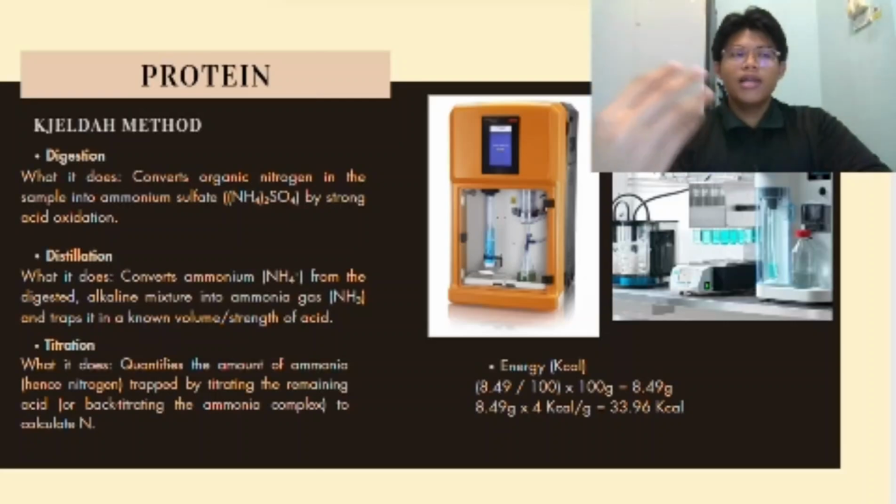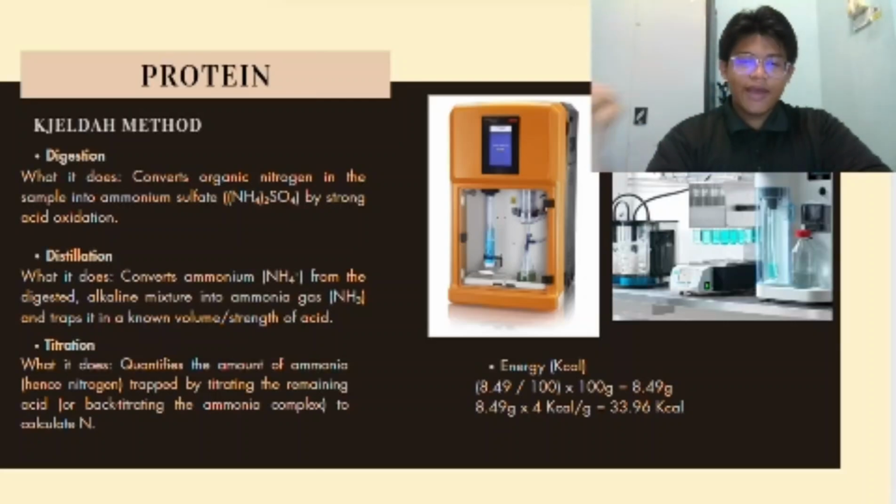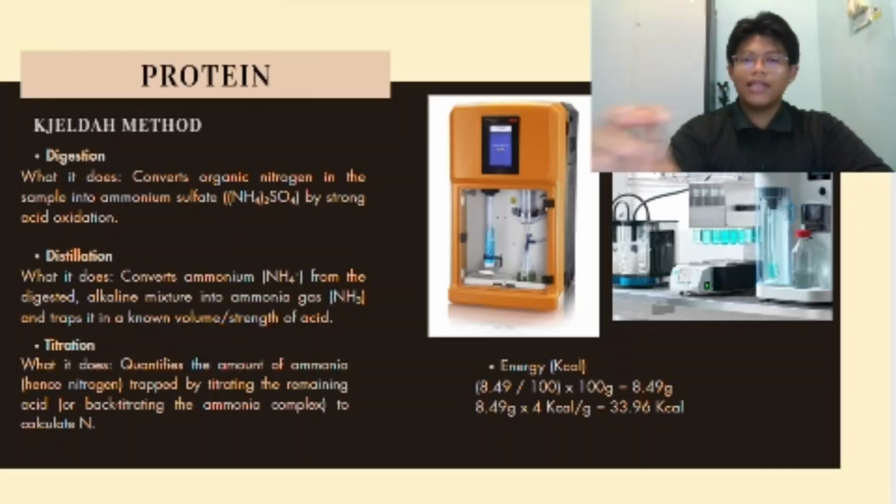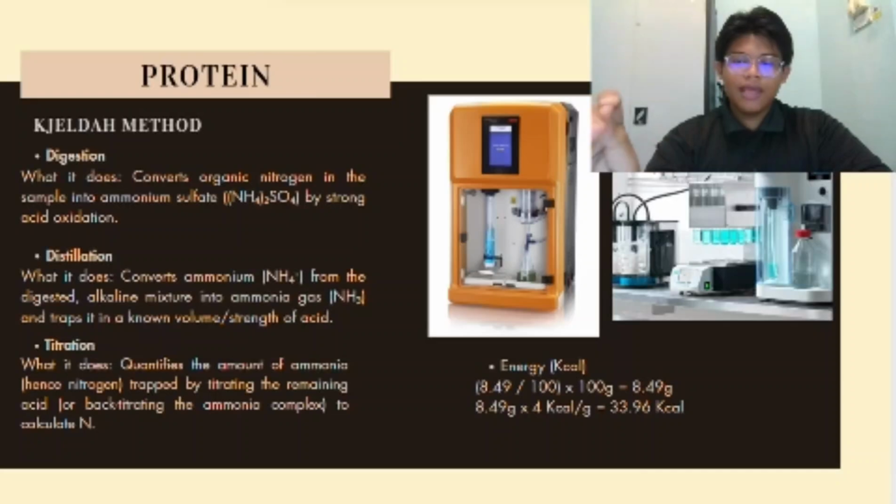We have to use the formula to find the N value in the food. That's how we determine the protein content in the food sample. So for the protein, we got 33.96 kilocalories for the food sample of Biscuit Seng.